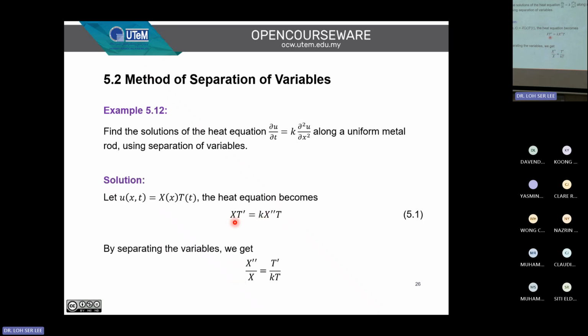So we have this x to the right, this kt to the left. We let the constant k follow the one in first order. You can let the k follow the second order, it doesn't matter, but if you let the k follow the first order, it will be simpler.